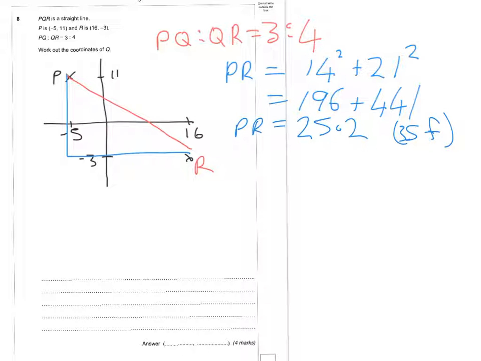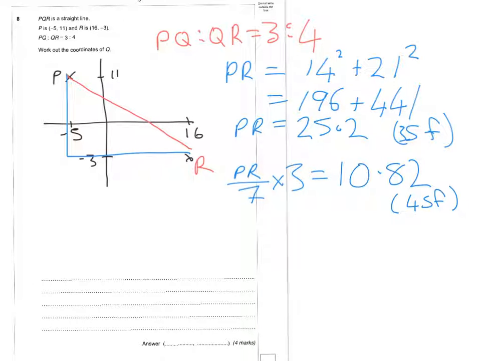Alright. So we know that it's going to be shared in the ratio of 3 to 4. So let's divide it by 7, times it by 3, divide it by 7, times it by 4. So PR over 7 times 3 is equal to 10.82 for significant figures.